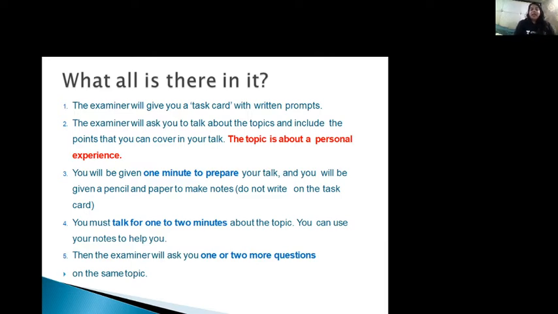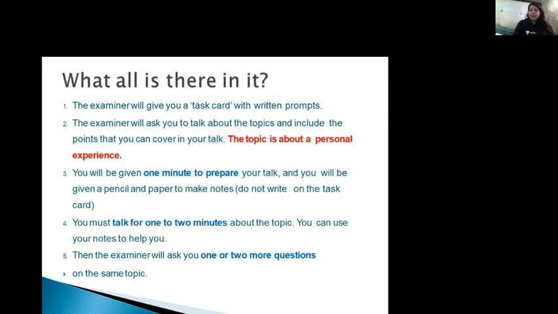Okay, now before that, you will be given 1 minute to prepare your talk, and you will be given a pencil, a paper to make notes. Remember, you will not, and you cannot, and you should not write on the task card. So it means you must talk for 1 to 2 minutes about the topic. And what will help you in that?